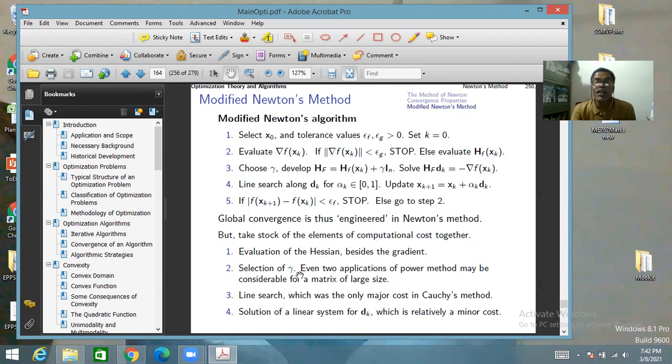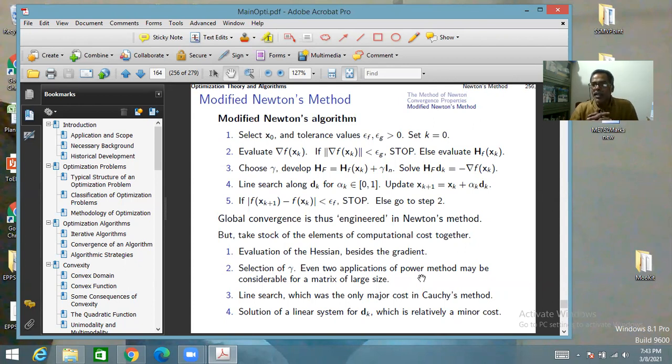Selection of gamma requires something to do with the eigenvalue problem, which typically is also a costly problem. Power method is relatively cheaper compared to general eigenvalue problem methods, and that is fine here because we don't need all the eigenvalues. We need only the worst. But still, for a matrix of large size, that would be a distraction.